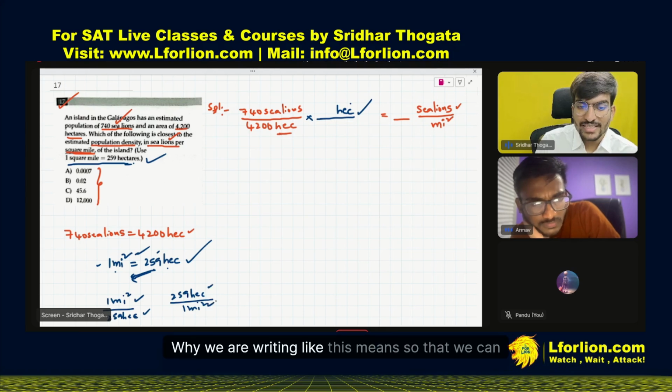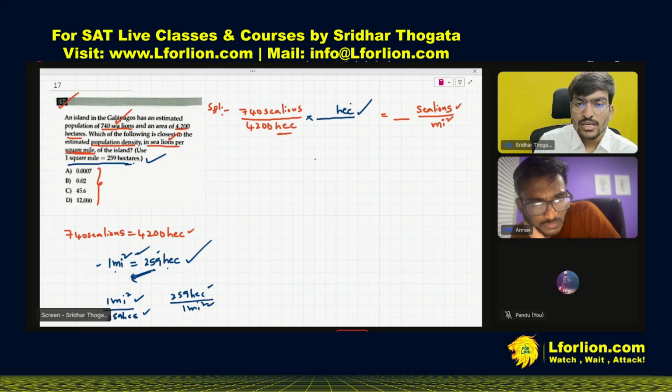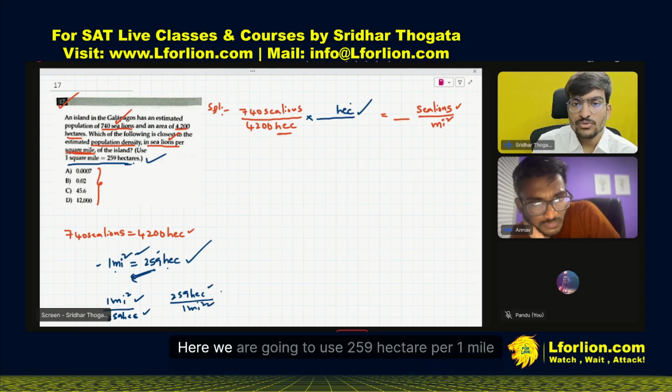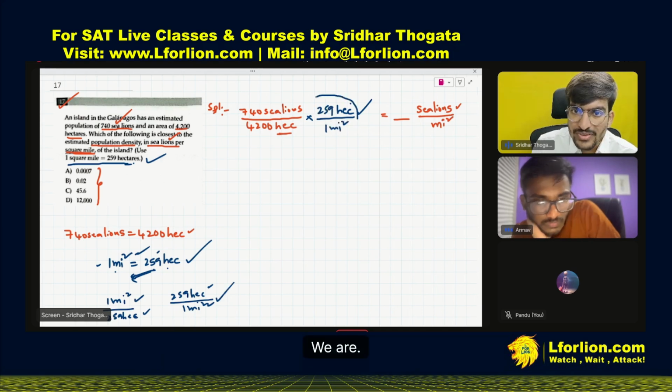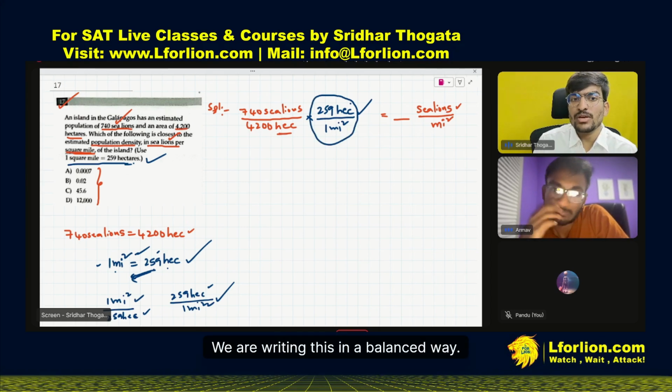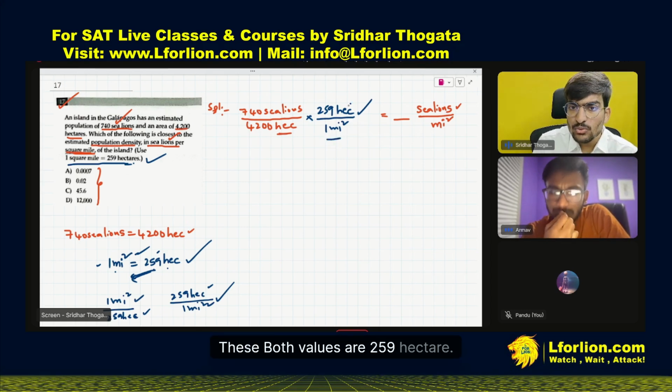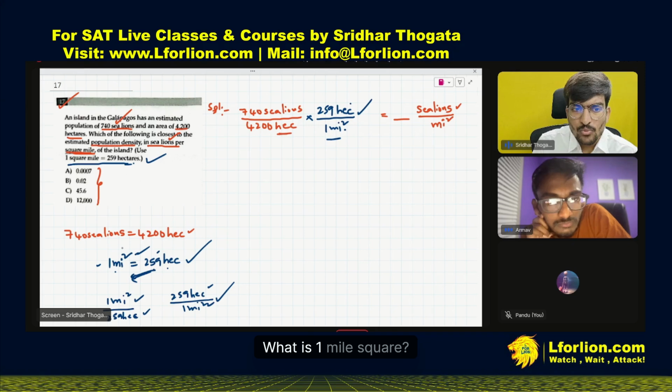We write it like this so that we can cancel out the units. Here we are going to use 259 hectares per 1 mile square, written in a balanced way. Both values are 259 hectares, which is 1 mile square.